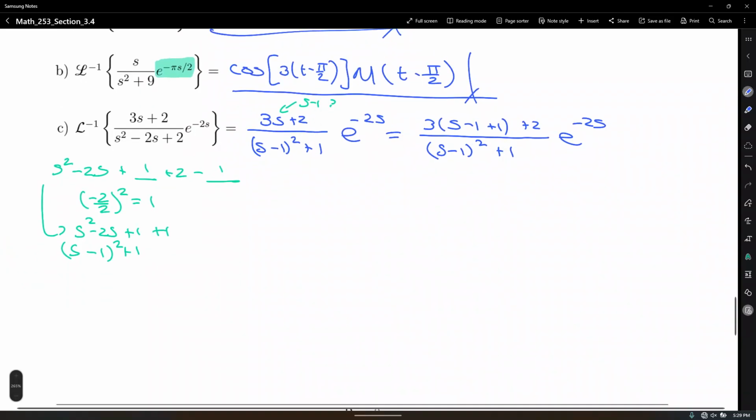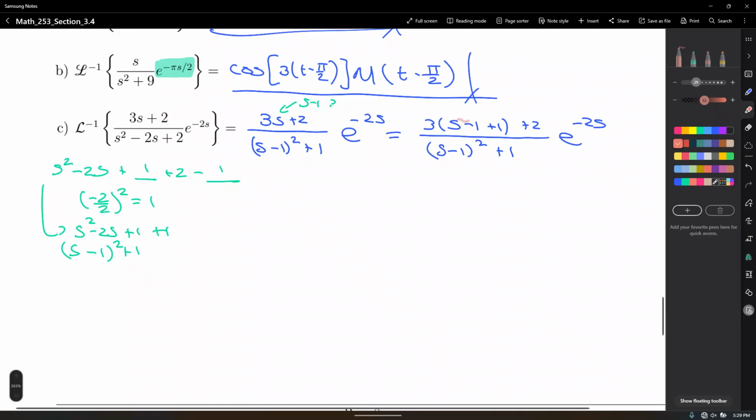Okay, so let's group. Let me highlight again the same way I did before, what I care about as one term. You see three terms there; however, the s minus 1 I'm going to take as one term because it coincides with the shifting in the denominator.